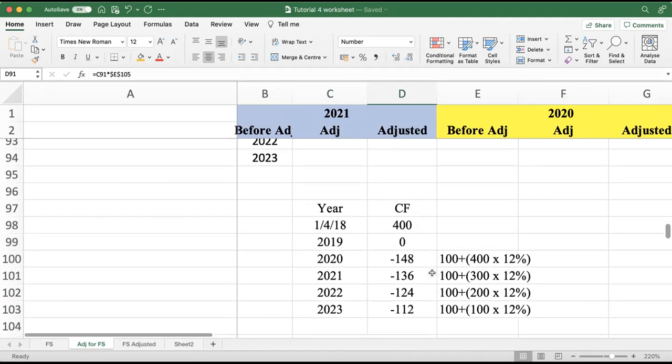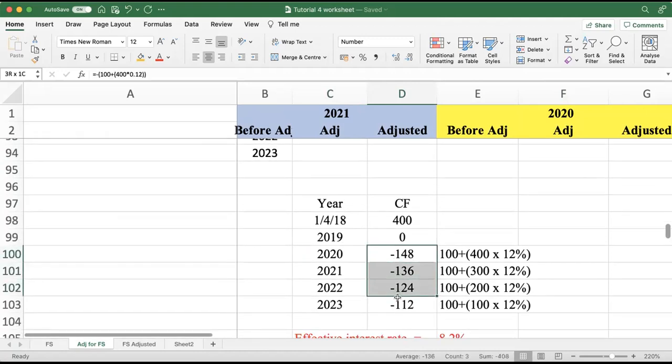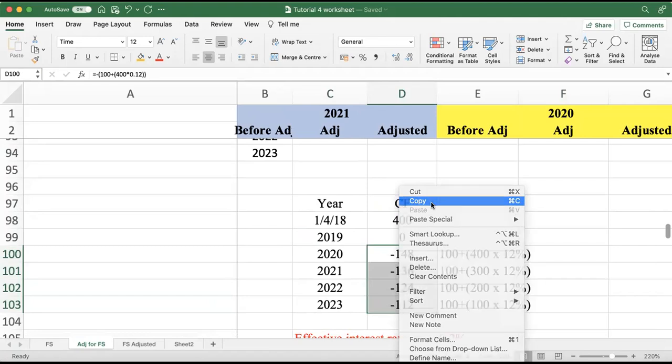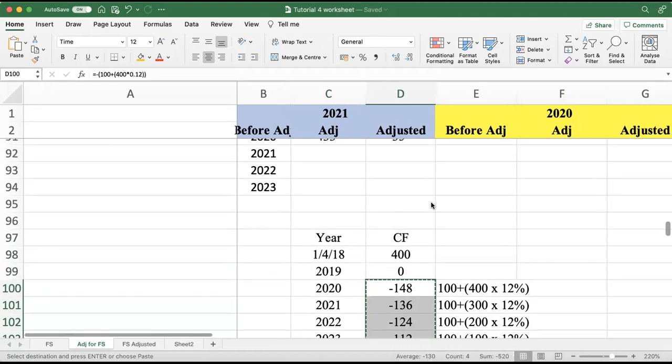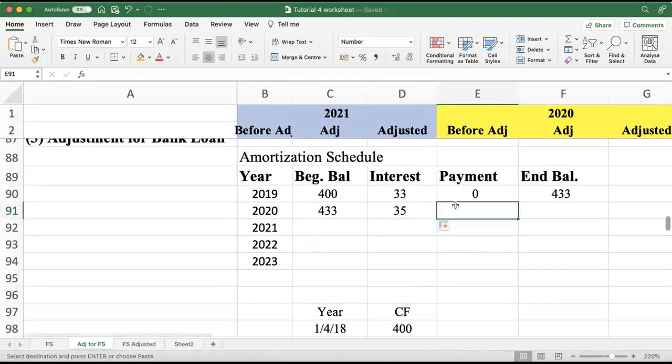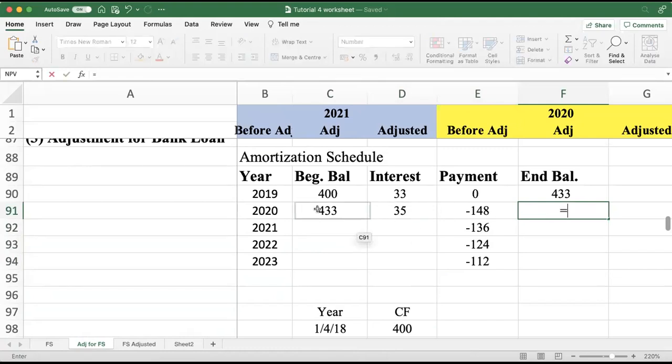The payments we have calculated for 2020, 21, 22, 23, you can copy these values. Then end balance is beginning balance plus interest minus payment.